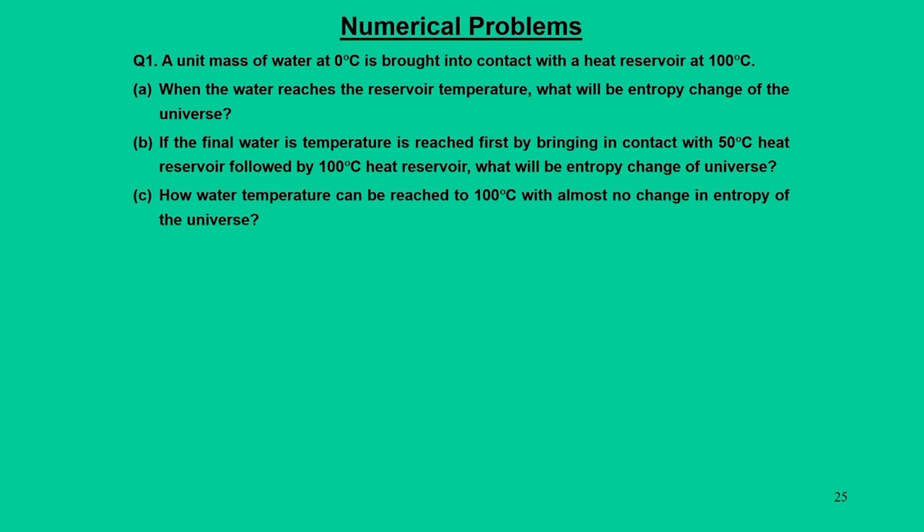So, what we can see here is that we have a unit mass of water which is available to us at 0 degree centigrade, and we want to calculate, for the first case, when the water reaches the reservoir temperature, which in this case is 100 degree centigrade, what will be the entropy change of the universe.